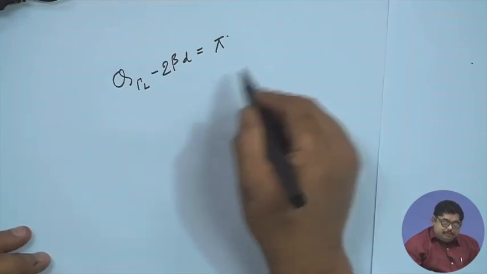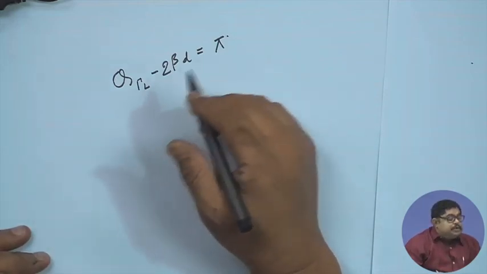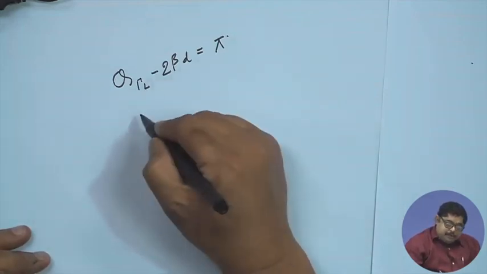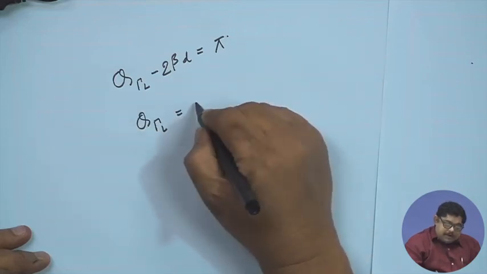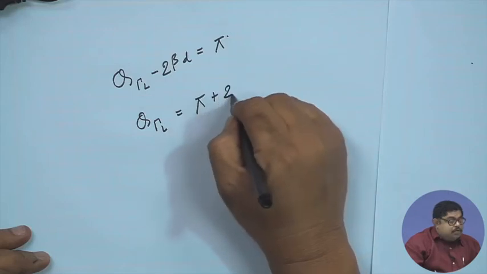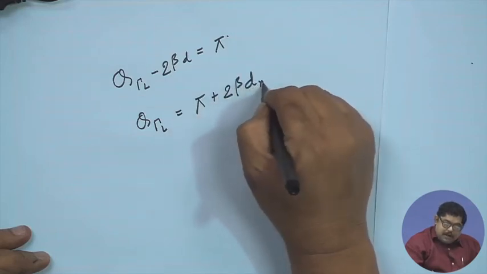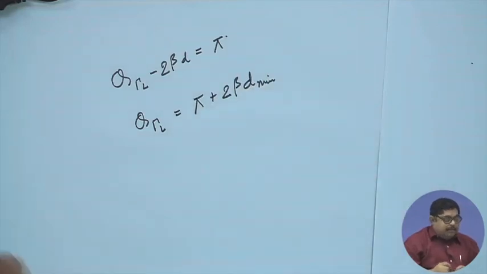Then only will the two phasors be opposite. So, from this you can find out this theta L is pi plus 2 beta d, and we are calling that d minimum.